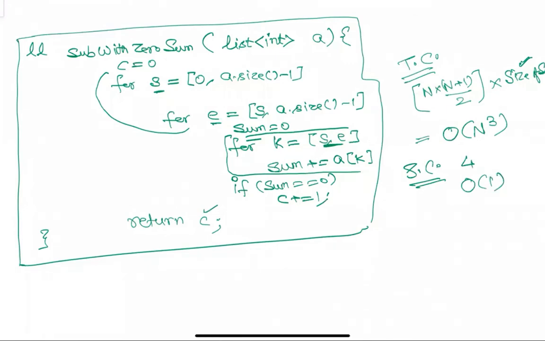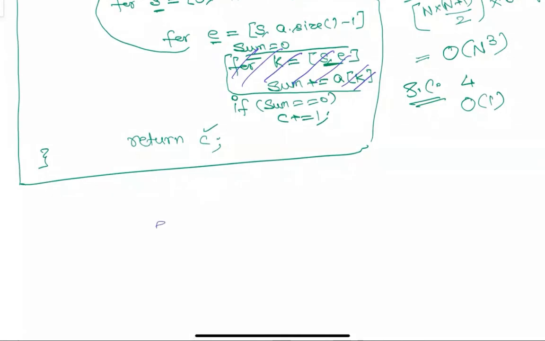Now this is a very naive brute force approach. This can be optimized. Somehow we can cut down this loop. We can make it n square easily by cutting down this loop. What could we have done?